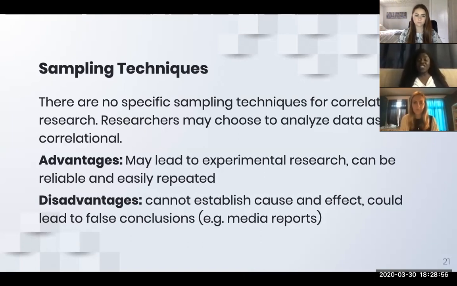And there are advantages to that. The advantage of using correlational research is that it can be reliable and it can be easily repeated. And also, it may lead to other research such as experimental research and so on.